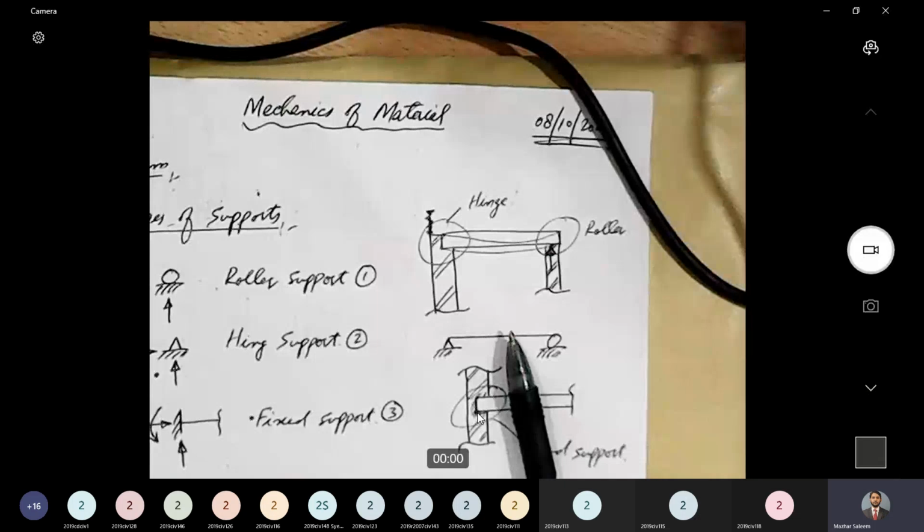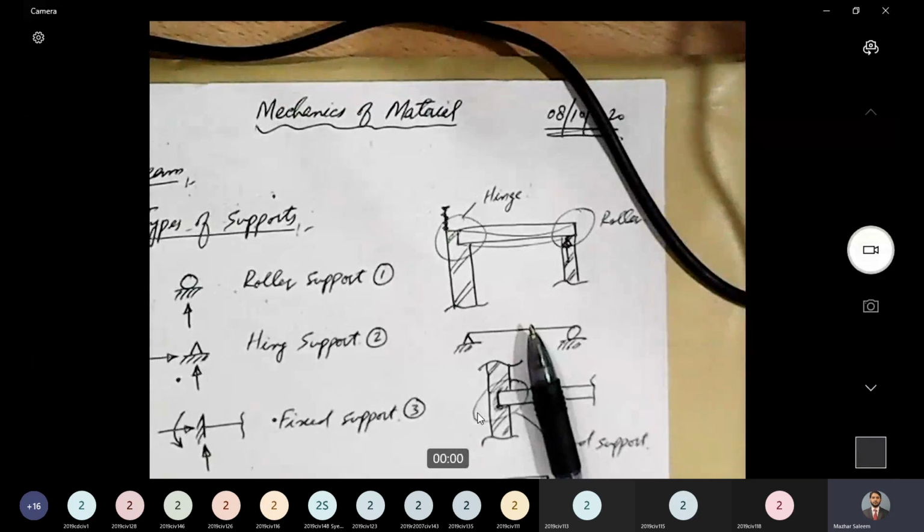Structure has some deformations or some deflections. In this course, at a later stage, we will talk about deflections. So although the beams and slabs and columns appear to have no deflection or no movement, there is some movement and some deflection in the beams and columns. We will study how to calculate them.